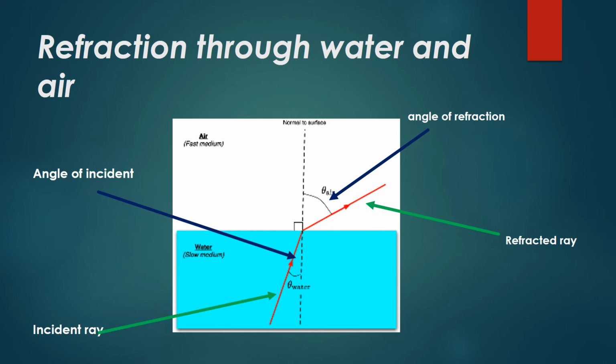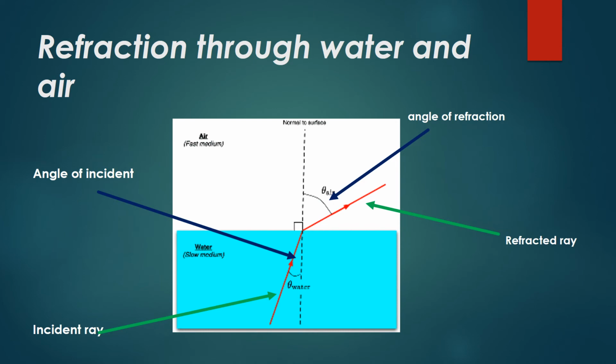When a light ray enters the air from the water, it bends away from the normal. This is because air is less dense than the water.